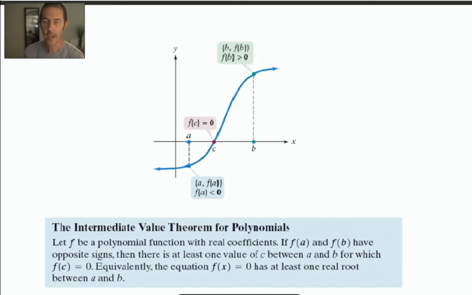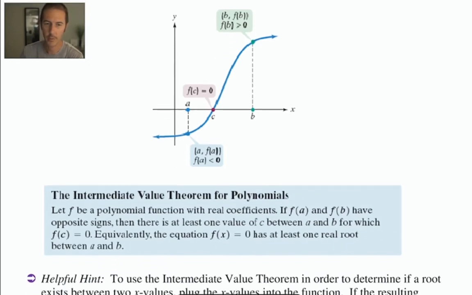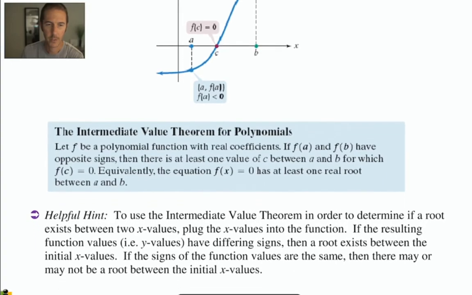Since we have those two pieces of information, and assuming that we're working with a polynomial which is smooth and continuous, the continuous part's particularly important there, at some point there must be an x-coordinate c where we're crossing the x-axis. If you start below and finish above, you must have crossed at some point.